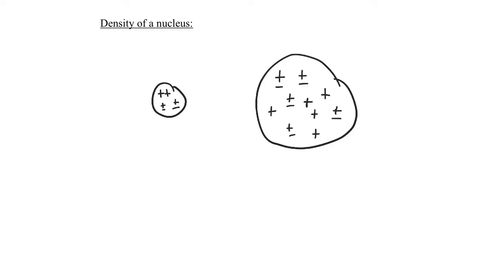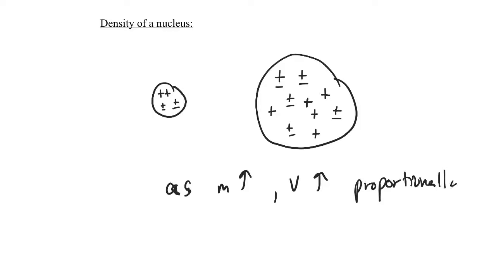The nucleons double, so the volume will also double. The mass and the volume are proportional when it comes to increasing nuclei. So as the mass goes up, the volume goes up proportionally. Therefore, the density is a constant.